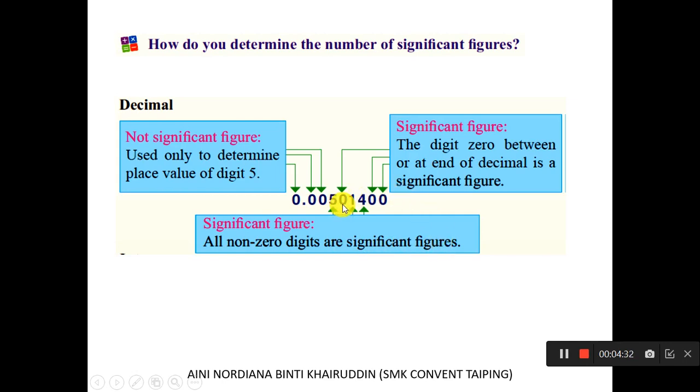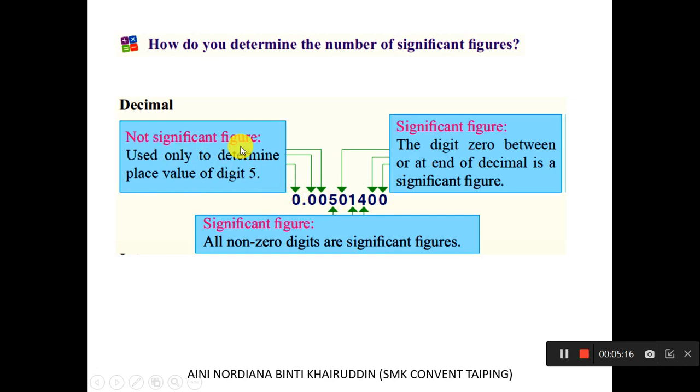The digit 0 here, between or at the end of a decimal, is a significant figure. So the 0 in between or at the end of the decimal number is a significant figure. Okay. Let me repeat again. The zeros in a decimal number before the first non-zero digit are not significant.